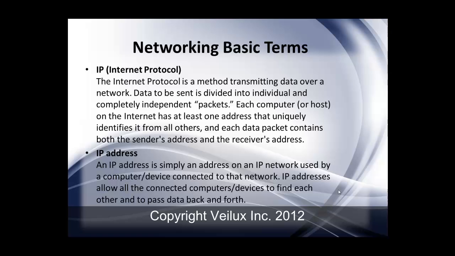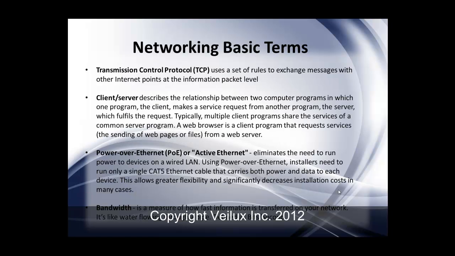An IP address is simply an address on an IP network used by a computer or device connected to that network. IP addresses allow all the connected computers or devices to find each other and to pass data back and forth. Transmission Control Protocol uses a set of rules to exchange messages with other Internet points at the information packet level.